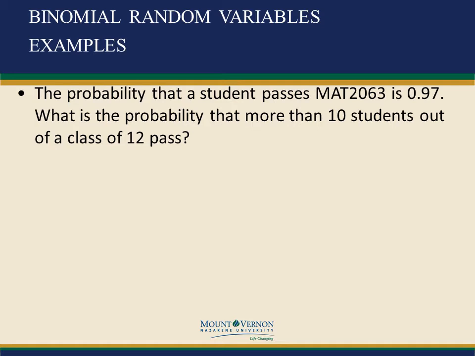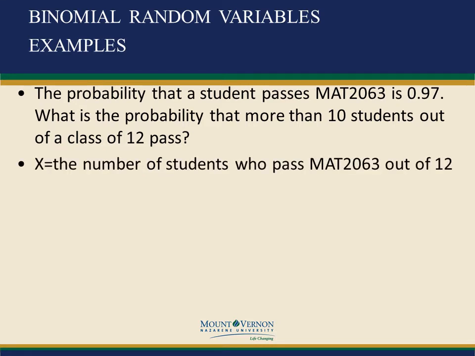However, I'm not just interested in 10 students passing. Notice that the problem asks for the probability that more than 10 students pass. Anytime you have to compute a probability of a range of values like this, you're going to use the binom CDF function, which is a cumulative distribution function, and that will give you the probability of a range of values rather than a single value.